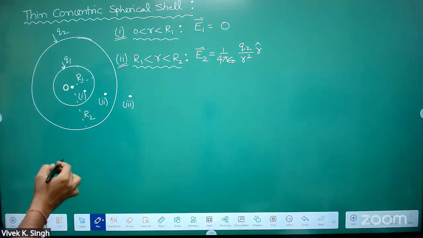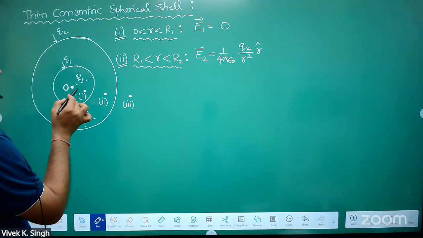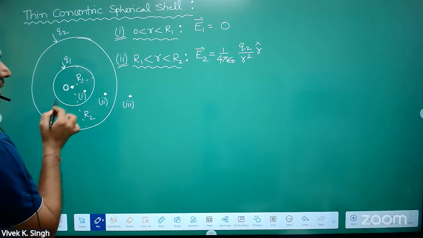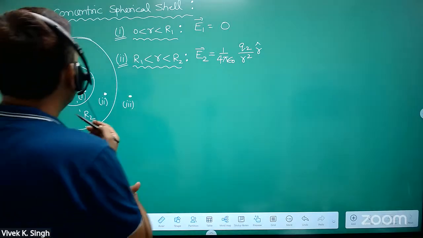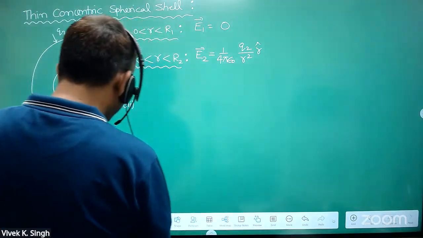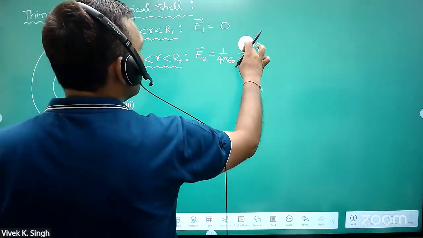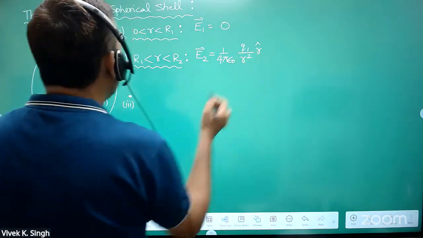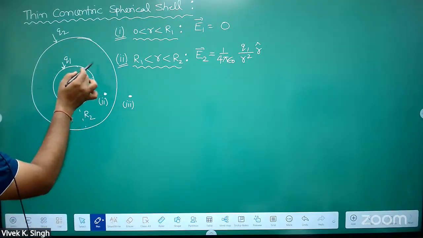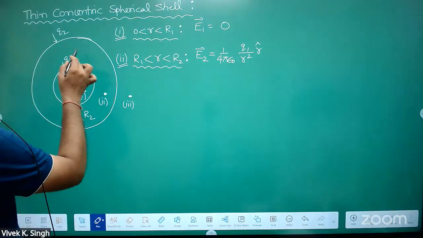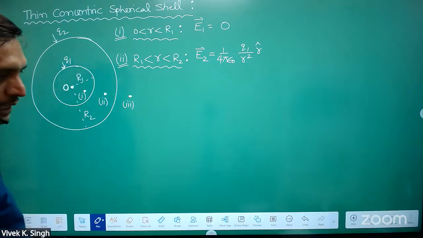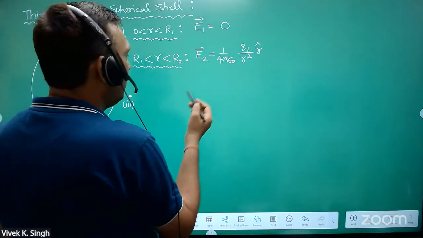Just see, R is the distance from the center. Charge enclosed in this region will be Q1. If you draw a Gaussian surface, you will get mod E2 into 4 pi R square equals Q1 by epsilon naught. So you can easily write the electric field.